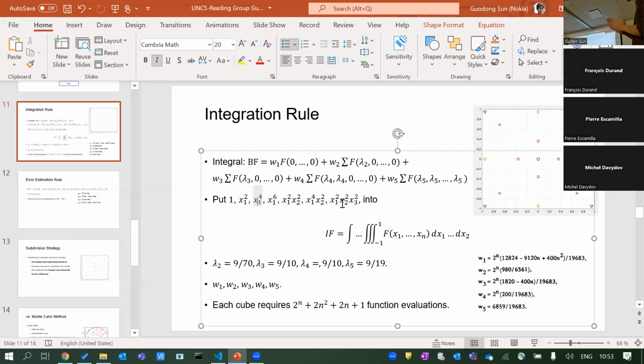For a real function you want to compute, you just need this weight W and the lambda. I mean, the lambdas and the x are sort of the same, right? No, this x is a dummy version of the lambda. Okay, so these are the monomials, right? Yeah.